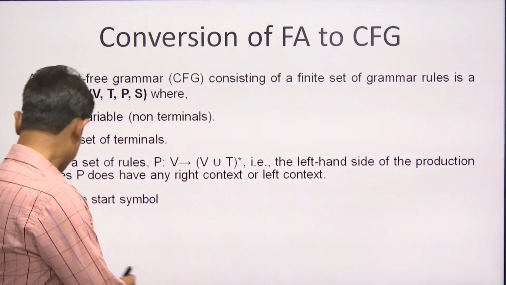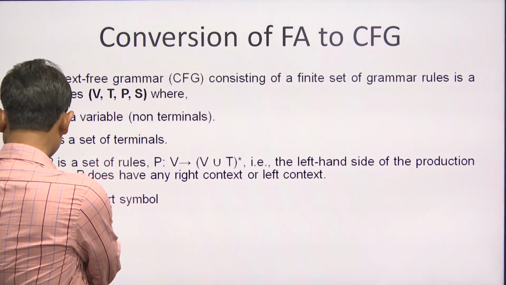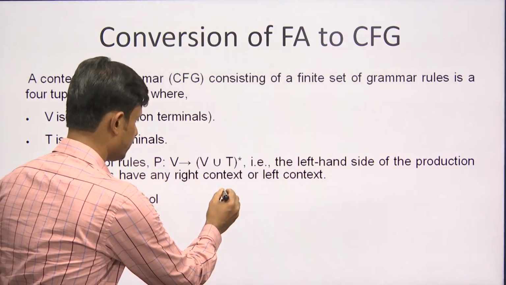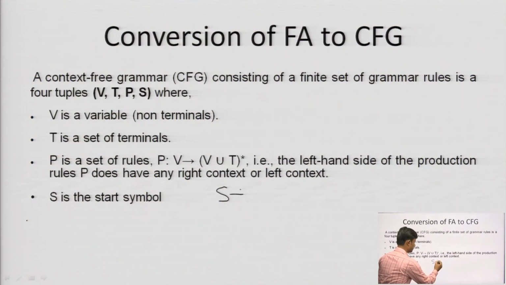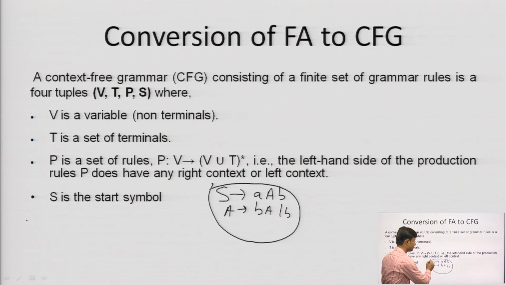You can see these context free grammar productions here: S, suppose A, B, then A to B, A and B. You can say these 3 productions are in a context free grammar.